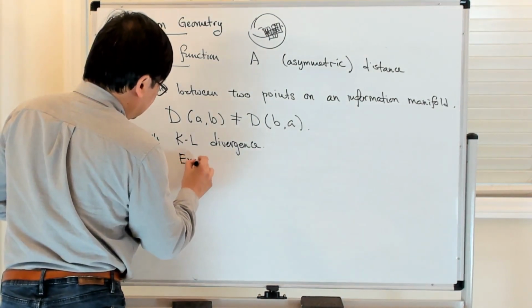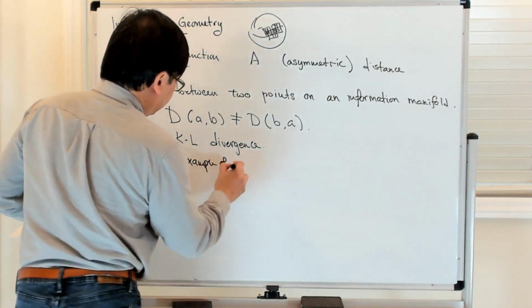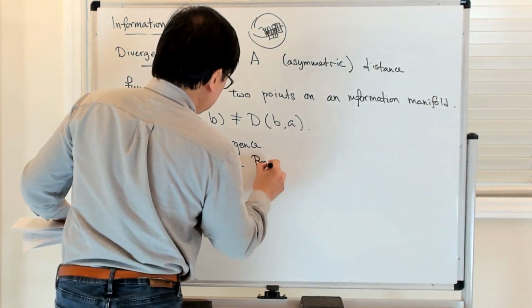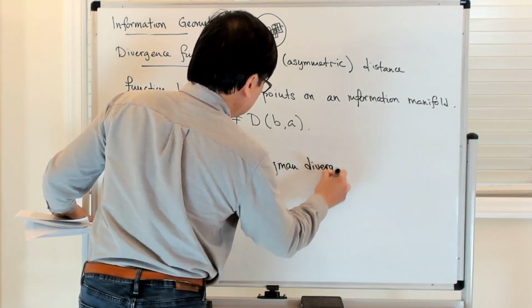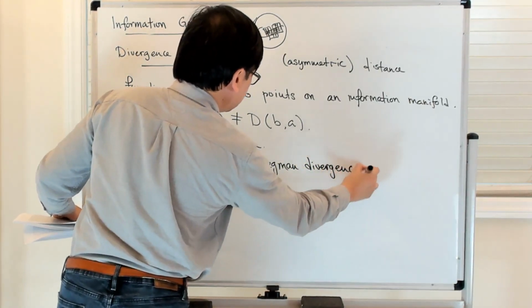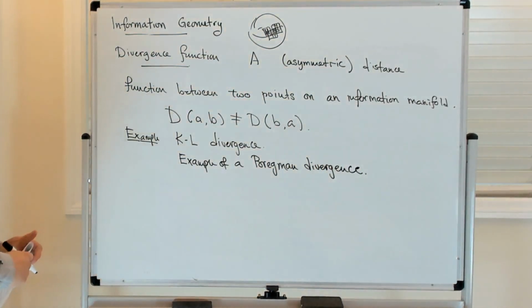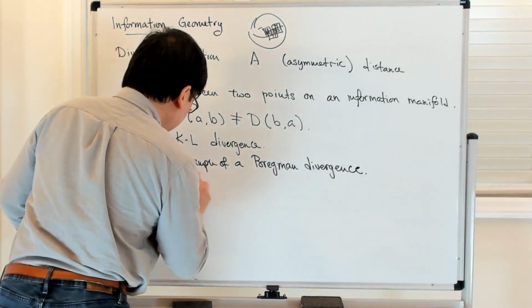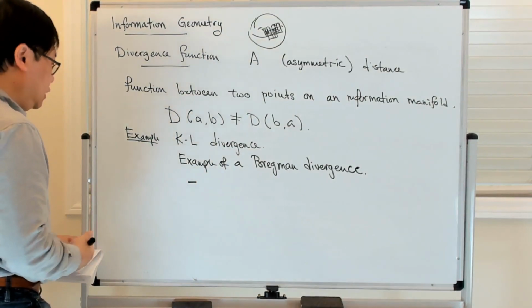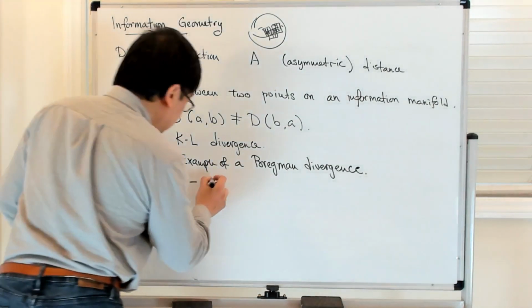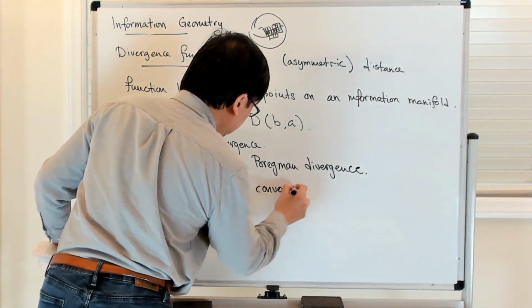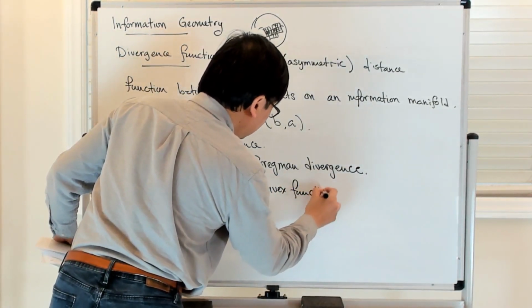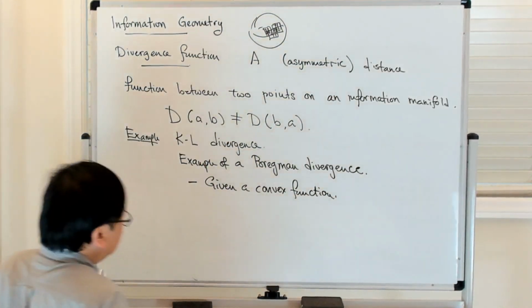So this is an example of a Bregman divergence. And a Bregman divergence intuitively is the following object. Okay, so the Bregman divergence is based on a given convex function. So given a convex function, we can talk about what is called the Bregman divergence.